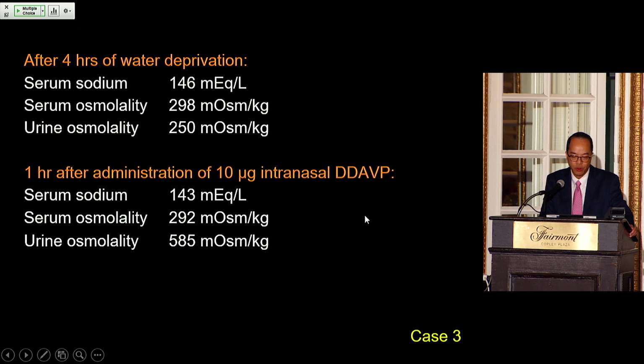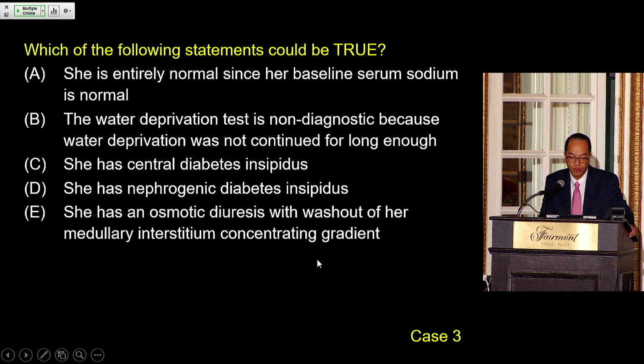After 4 hours of water deprivation, her serum sodium is 146, serum osmolality 298, urine osm 250. She then gets 10 micrograms of intranasal DDAVP, and 1 hour later, her sodium is 143, serum osmolality 292, urine osmolality 585. Which of the following statements could be true?